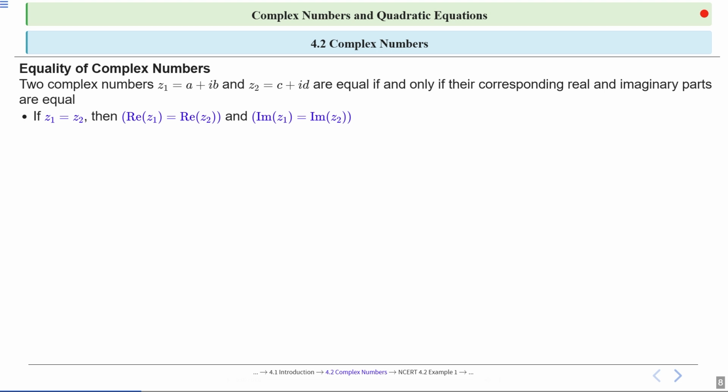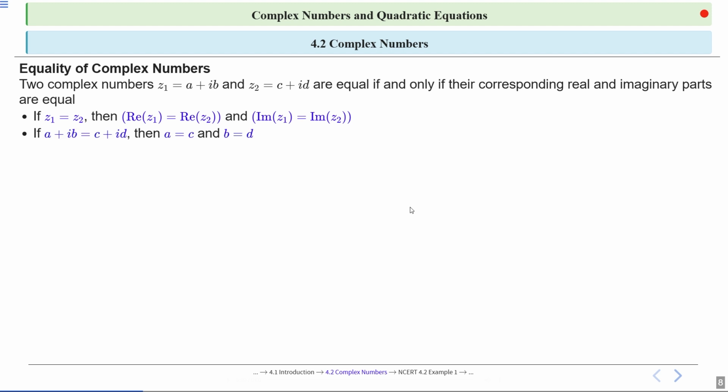To put this more formally, if z1 equals z2, then the real part of z1 must equal the real part of z2 and the imaginary part of z1 must equal the imaginary part of z2.